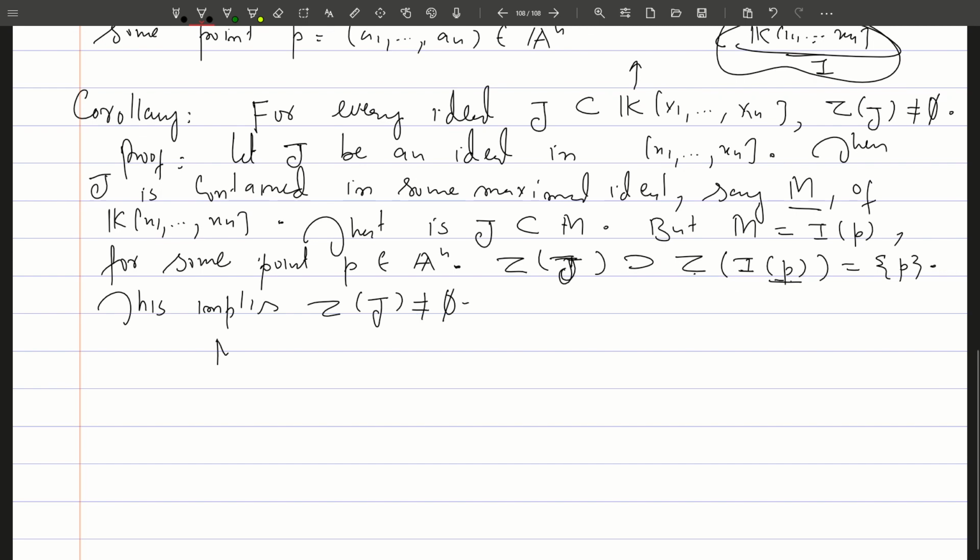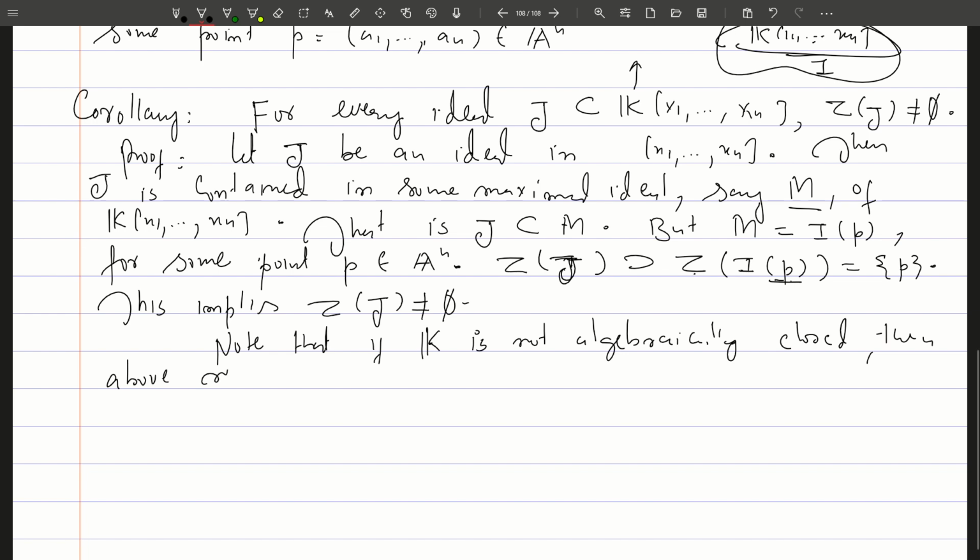One should note here that if K is not algebraically closed, then the above result is not true.